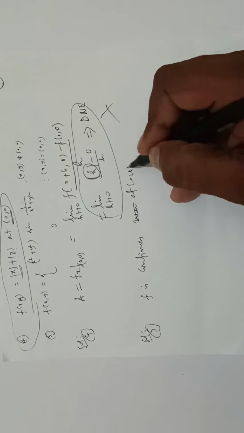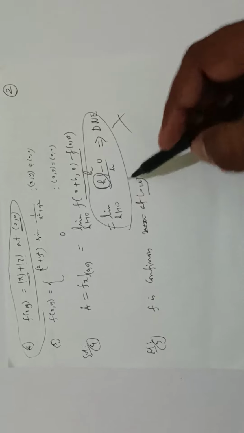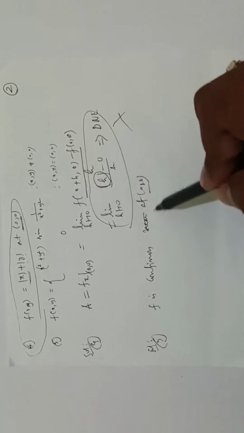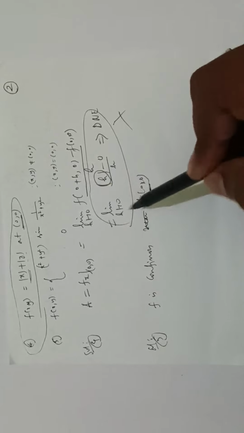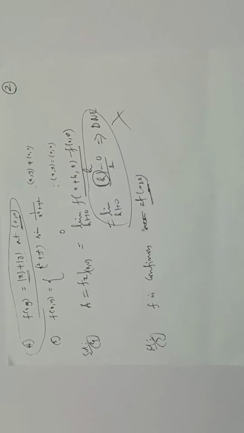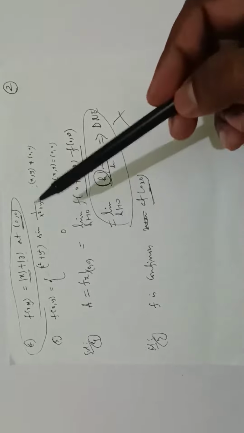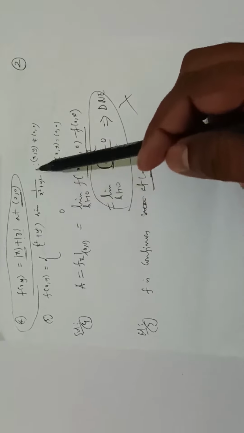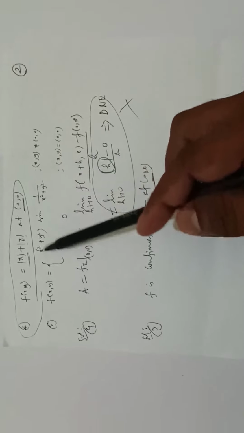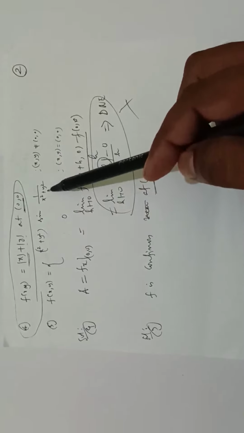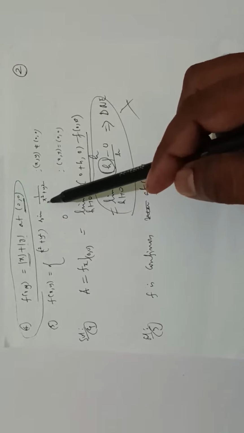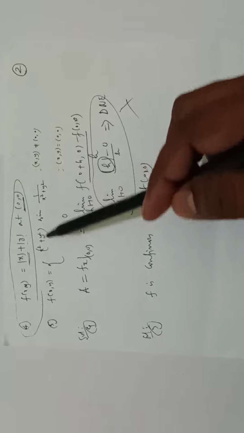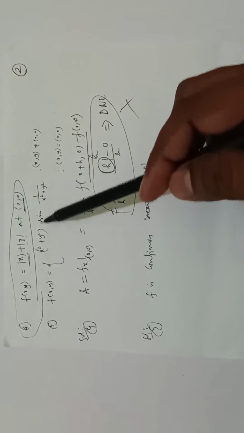At 0 comma 0. See here, one thing you need to understand: we are concentrating on the continuity at 0 comma 0. Does it imply we are least bothered about the other points? In the sense, see, if the problem for this particular given function is at the origin, once you come out from the origin, the function is defined, so it will be continuous.